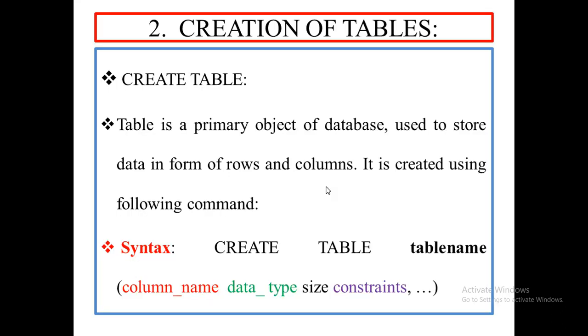Okay, we have created the table. If you remember, last time we said a table is a primary object of a database. It's a very important concept. Whenever we want to create a table, we use the syntax create table and then the name of the table. Last time we created a table called student, and it has ID, student name, first name, last name, and so on.